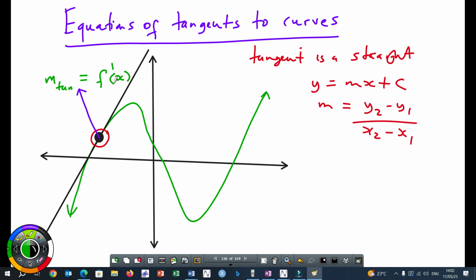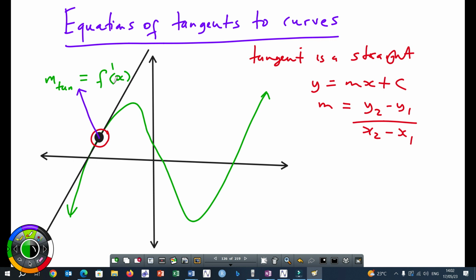Then you probably have to equate that first derivative to 0. If you equate to 0, you get the stationary points, but you may be given a specific x value here. So you substitute that x value into the first derivative to get an actual value of the gradient.